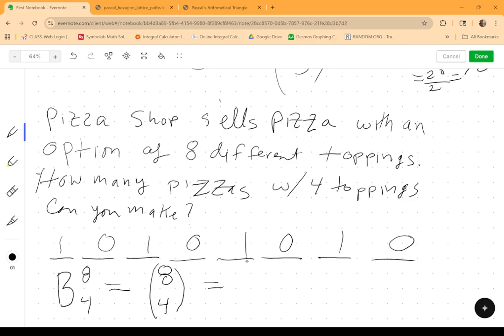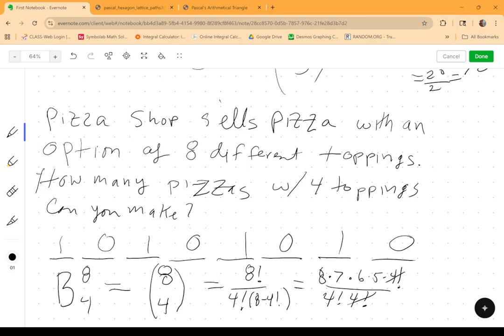We can say 8 factorial over 4 factorial times 8 minus 4 factorial. And we get 8 times 7 times 6 times 5 times 4 factorial over 4 factorial, 4 factorial, and that reduces.